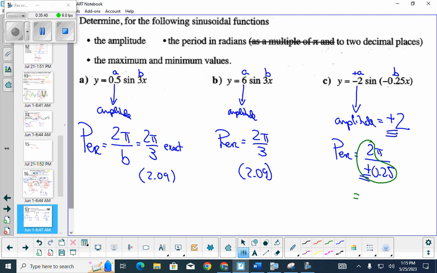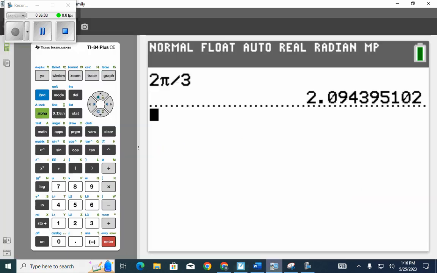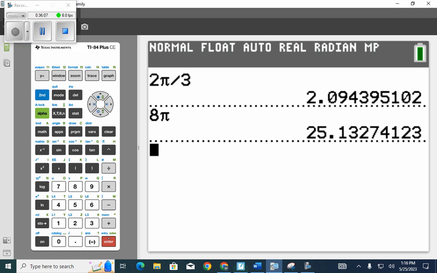Don't hit the pi key. Go 2 divided by 0.25, and you will get out 8 pi. Okay. So this is called the exact answer. If you punch that in on your calculator, 8 times pi, you get out 25.13.